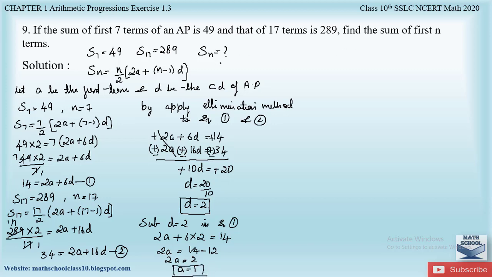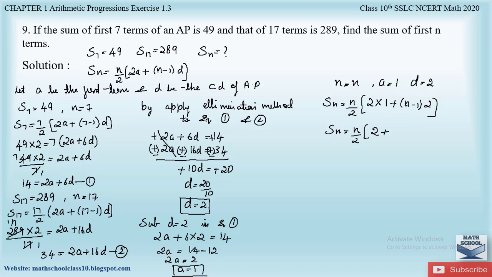Now we will find the sum for the n terms. Since we have to find out the sum for the n terms, n value will be n only, a value will be 1 and d value will be equal to 2. So substituting these values in the sum formula, Sn is equal to n divided by 2 into a value is 1 plus n minus 1 into d is again 2. So we will get Sn is equal to n divided by 2 into 2 ones are 2 plus, if you open the bracket, this will be 2n minus 2.